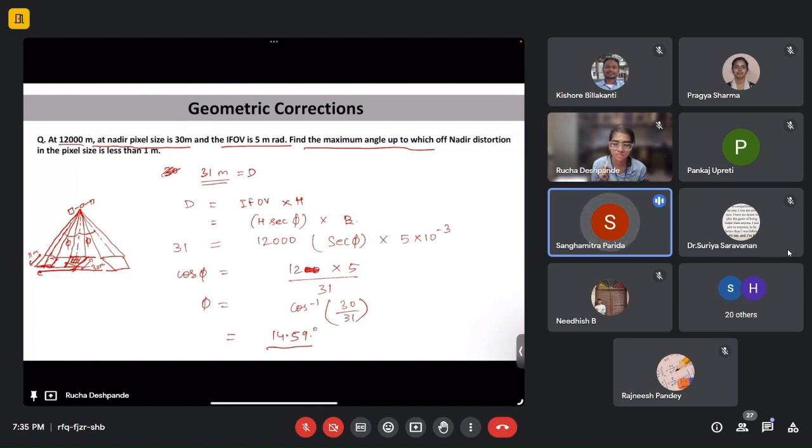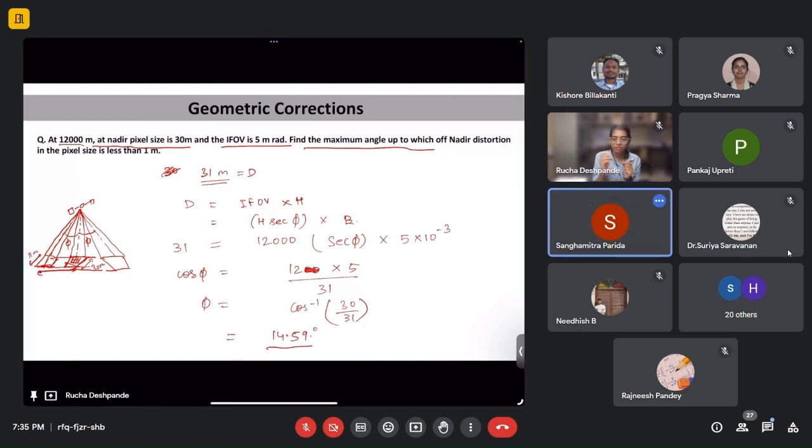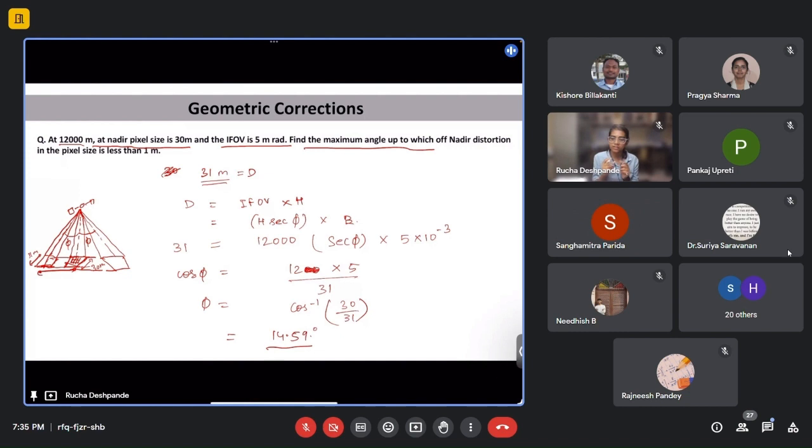So when the deviation from the nadir is less, then the distortion will be less. Okay. So between that range, the distortion will be less than 1 meter.